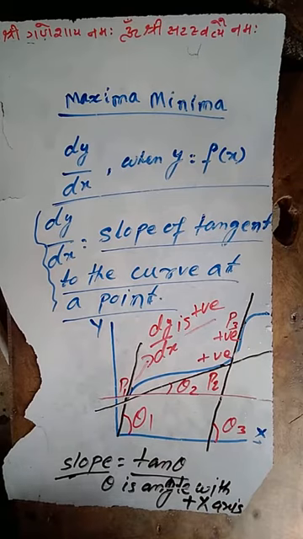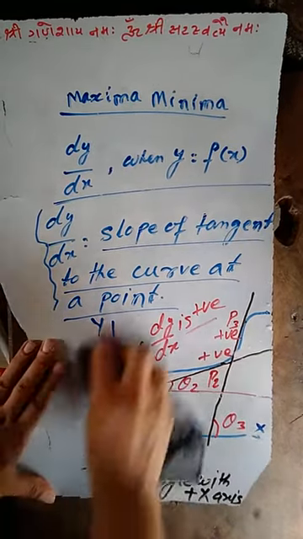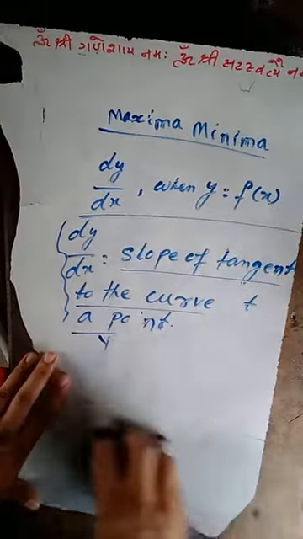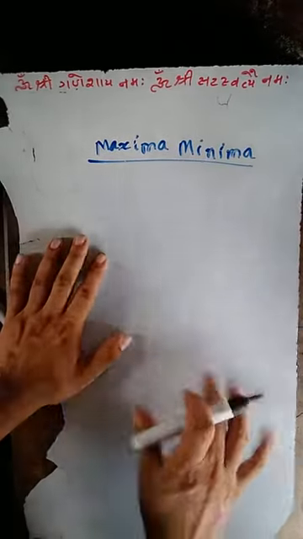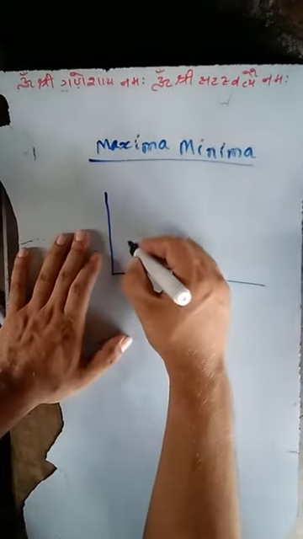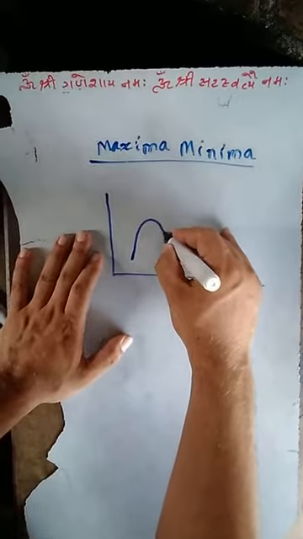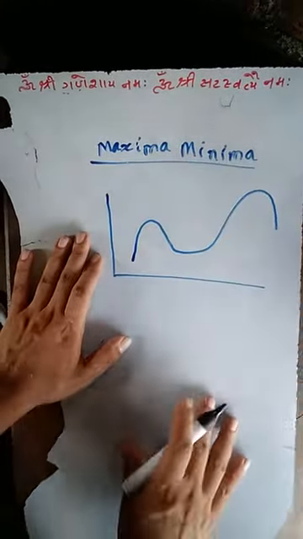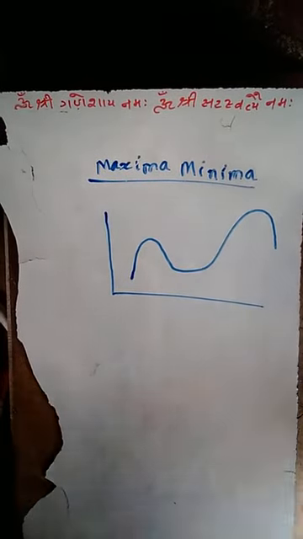Now we take another graph. Here we take different points.